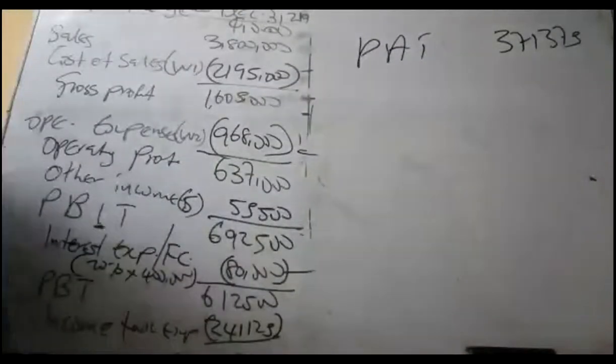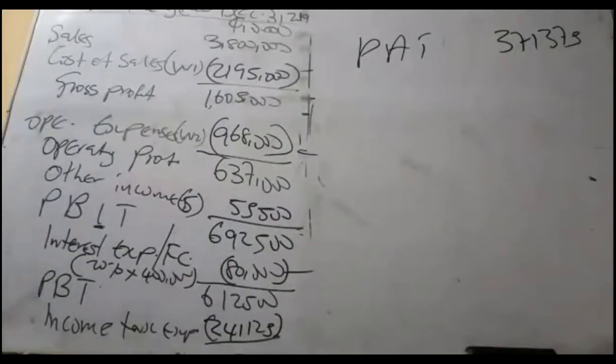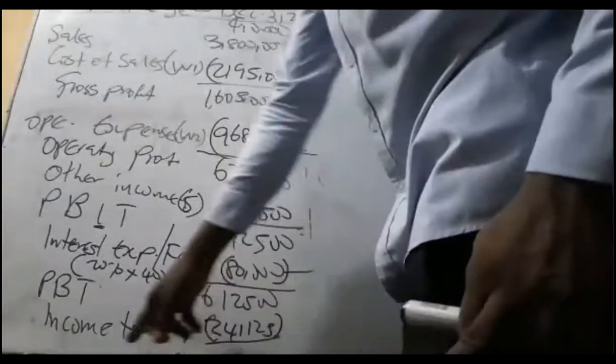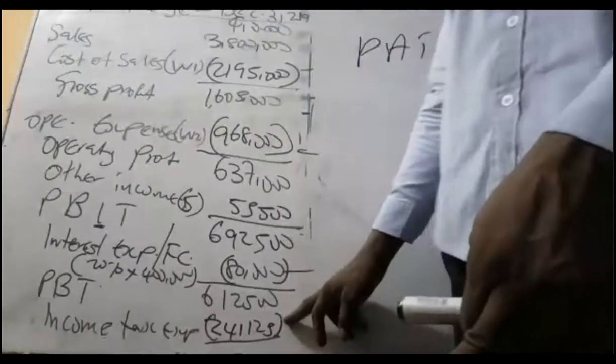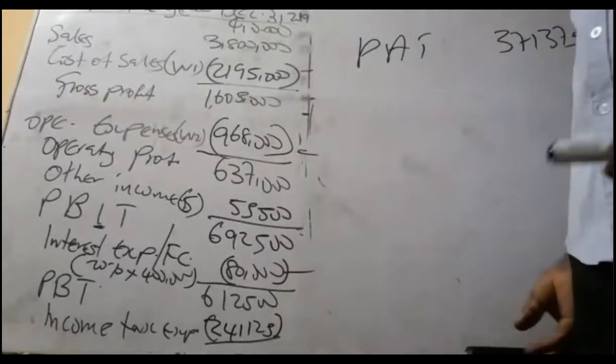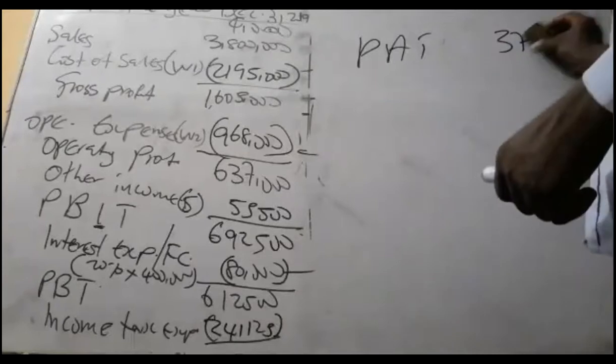Is that so? Yes, that's where we are going. We are going to the comprehensive income, but we need to get the profit after tax first. This is the income tax, you have to subtract it. So that's what I've written here. Can you confirm for me? Because this profit is guesswork.